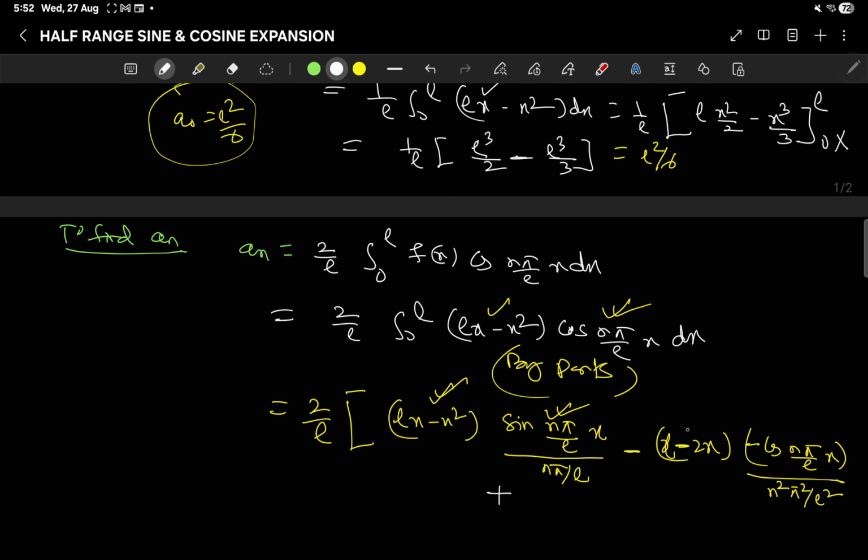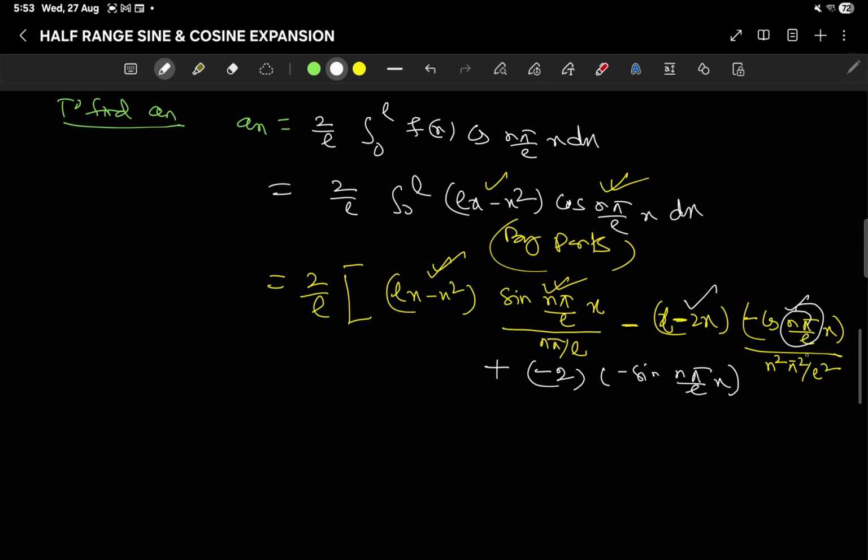The derivative of this is minus 2 and the integration of this is minus sin(n pi x by L), and again n pi by L will be divided, so it will be n cube pi cube by L cube. Put a negative sign. The derivative of this is 0, so we'll stop here. It is from 0 to L. So if you substitute L and 0, it becomes sin(n pi) and sin 0, so this will be 0 and this will be 0. Only this term will exist.